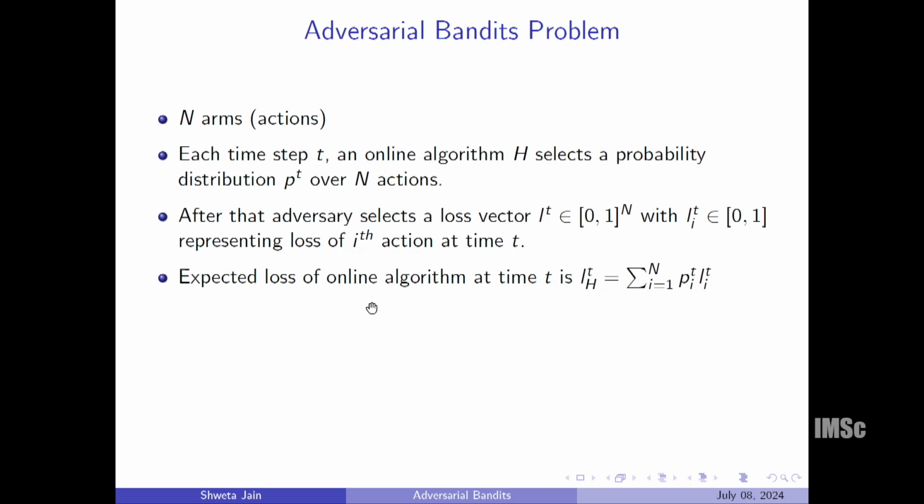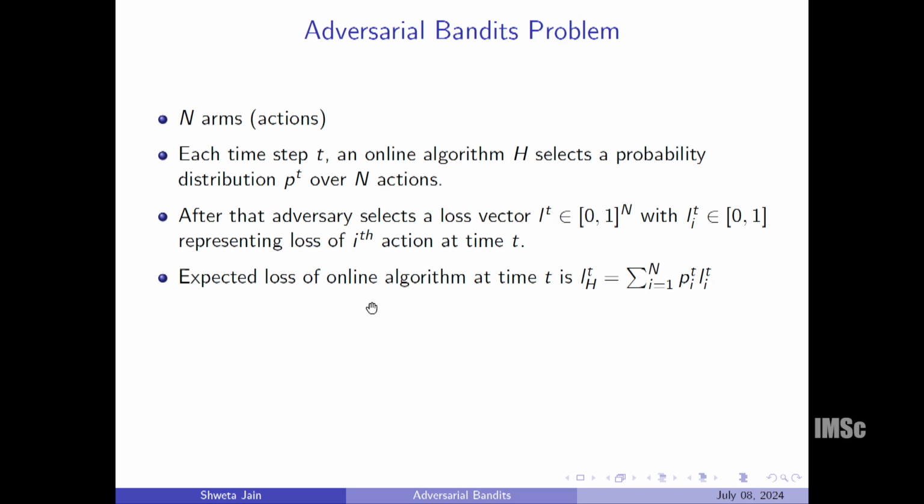So instead of a deterministic algorithm, we will focus on a probabilistic algorithm, with a probability distribution Pt over n actions. That is the notation I will be using, and I hope I am consistent with it.